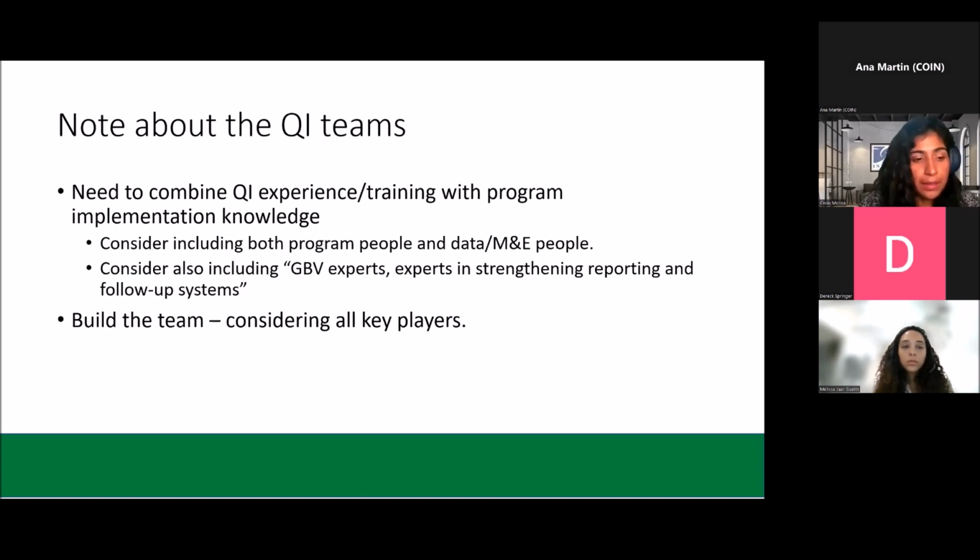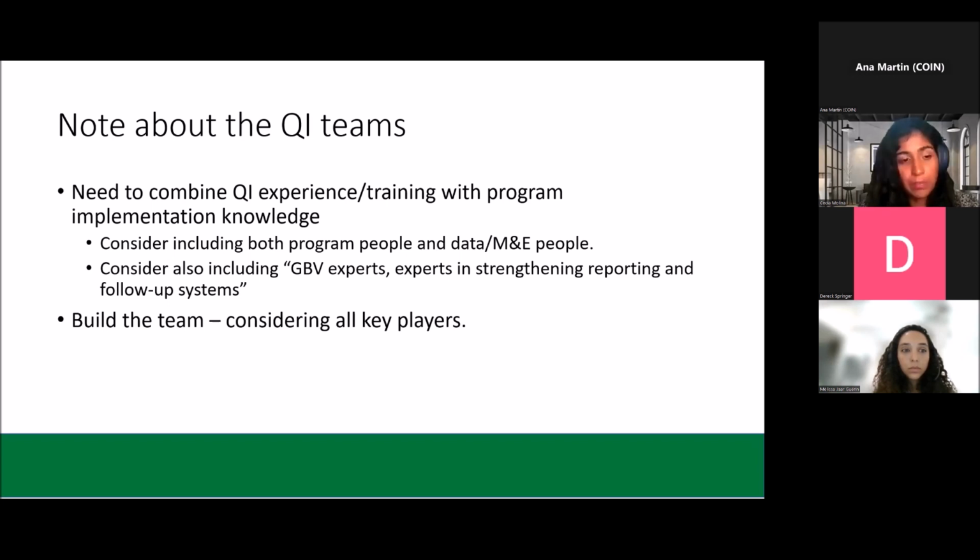Si vemos aquí, ¿verdad?, es muy importante la necesidad de combinar la experiencia, capacitación, ¿verdad?, del personal de mejora de la calidad con el conocimiento de la implementación del programa y formar equipos considerando todos los actores clave. La metodología hace mucho énfasis en trabajar con todas las personas claves del proceso, ¿verdad?